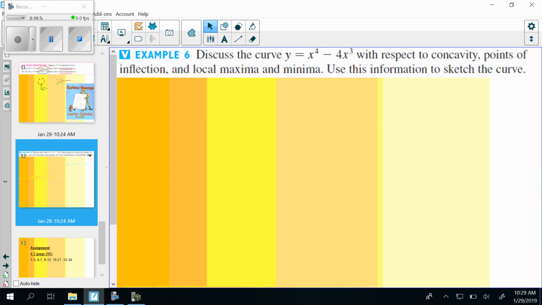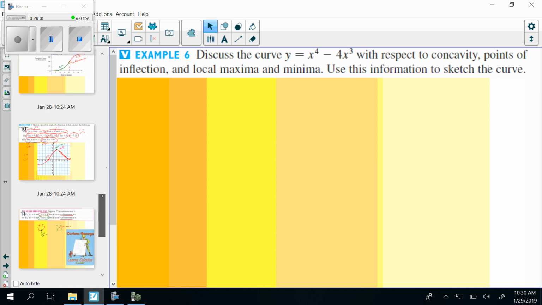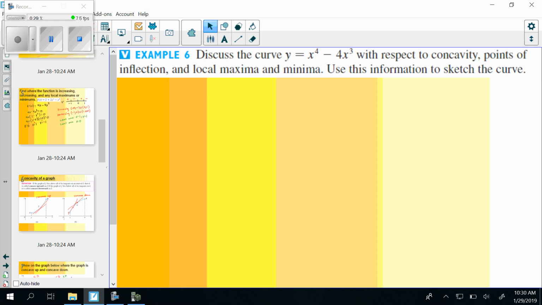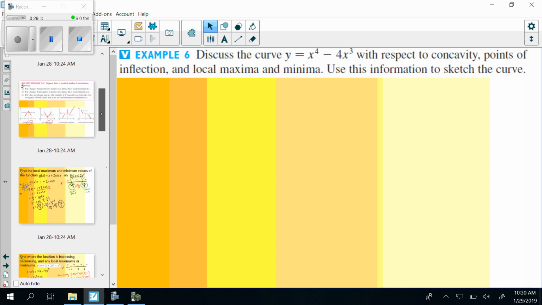So this last one, this is the one I think we looked at before. They want us to now use it to look at the inflection points, local max and local min, and that kind of stuff. So like we did earlier, I think, with this problem, if this was the same one, I want to say it was.